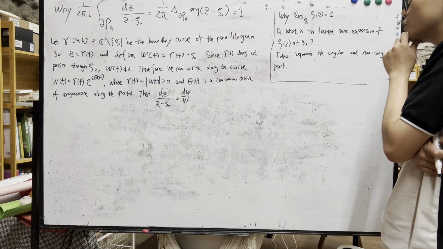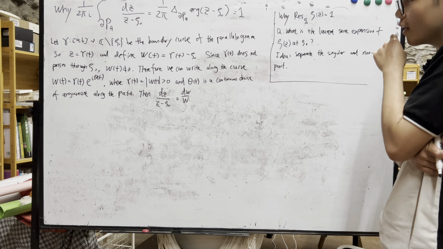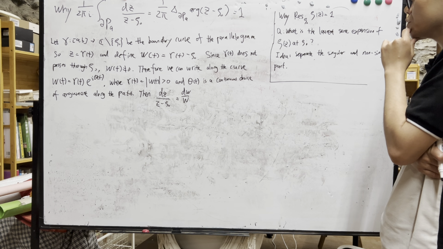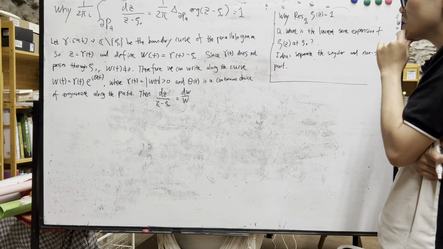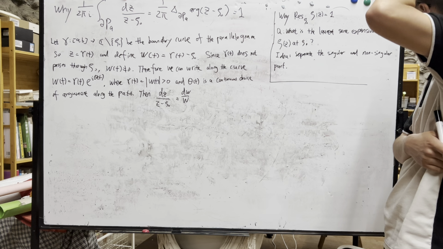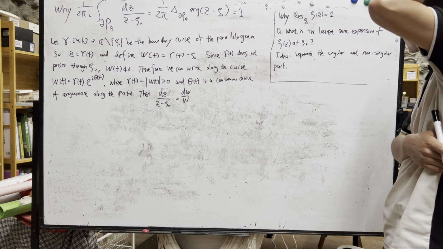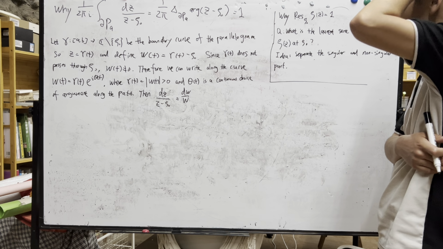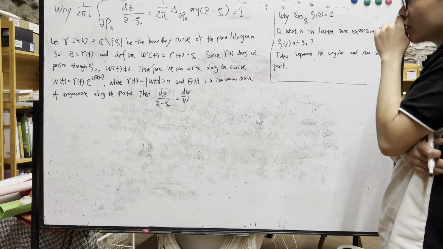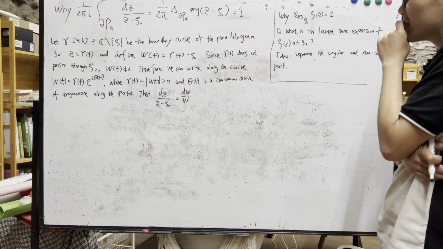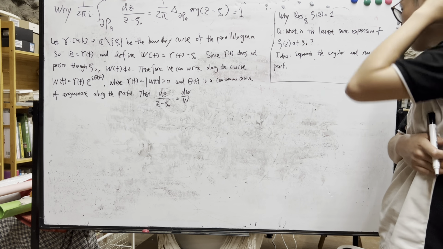So why is this continuous? Because r of t is continuous, right?